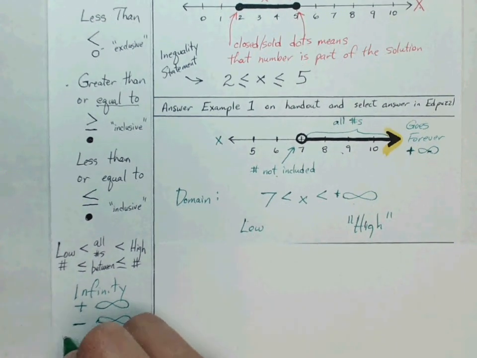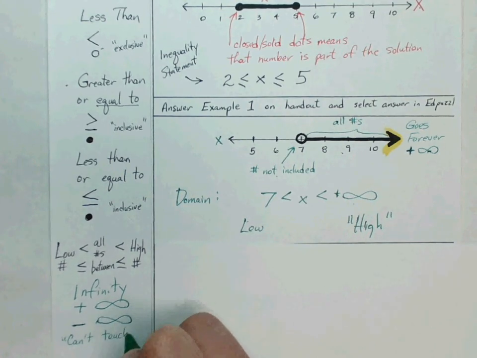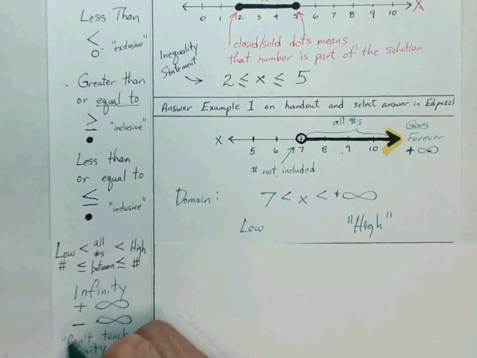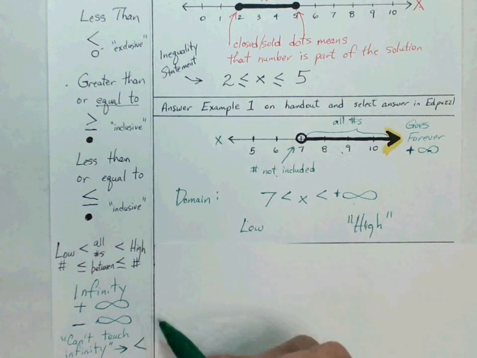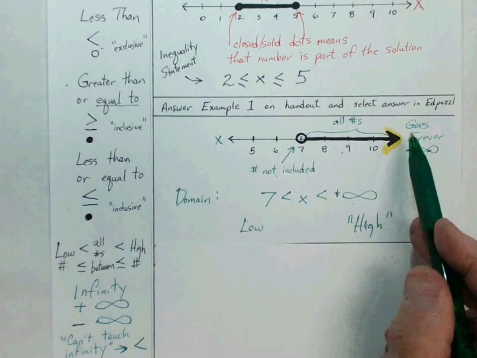We can't touch infinity. It's a concept. So what does that mean? We're going to use simply the less than symbol with infinity. Okay? So think of infinity as having an open dot over there.